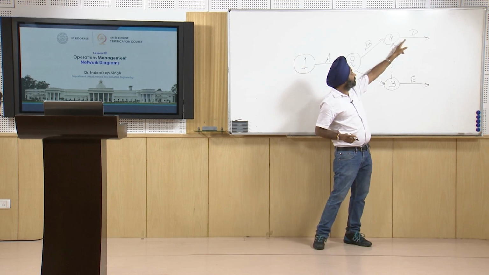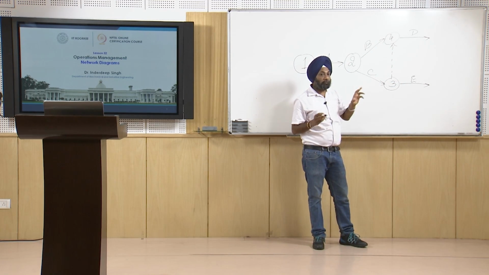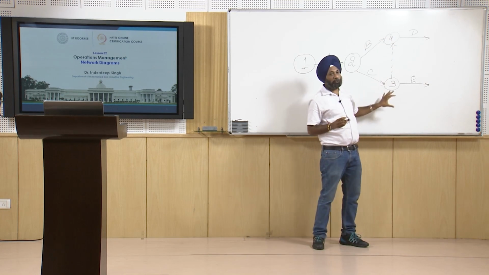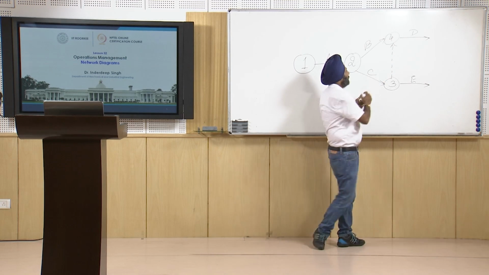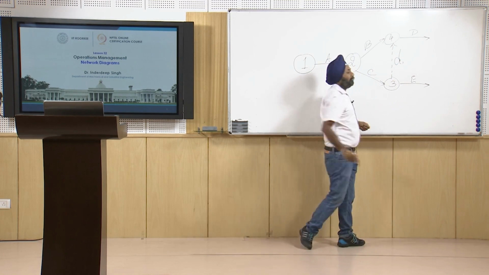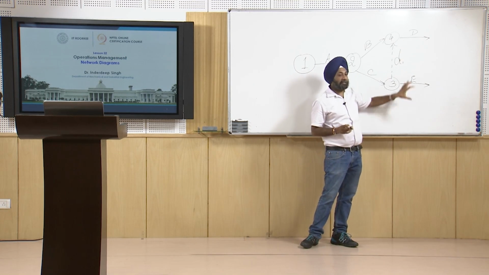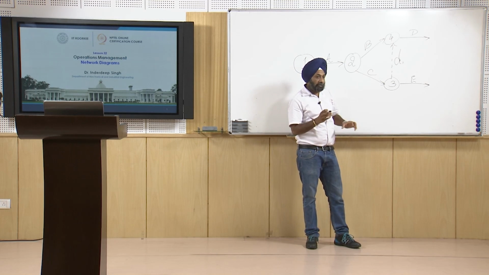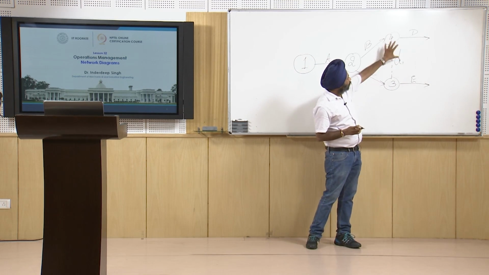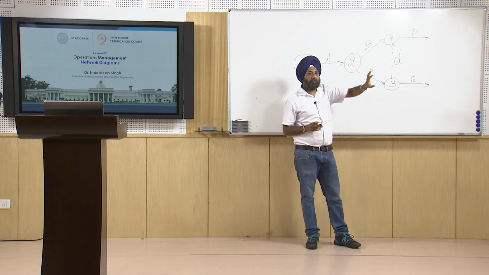D has a predecessor B and E has a predecessor C. So if we do not use this dummy activity D1, what will happen? We are not able to establish the precedence relationship of activity D and activity E, because both start from the same node, which means E is also dependent on B, which is not true.